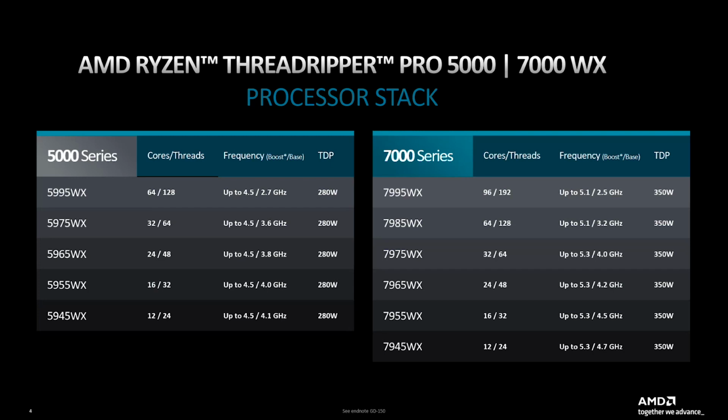Only AMD is able to deliver 96 core processors in the workstation category. Not even Intel's Xeon processor qualifies for 96 cores. So we have huge core counts, and also higher base and boost frequencies.